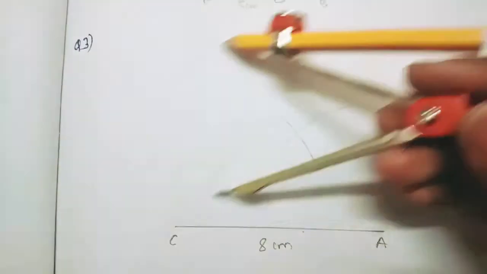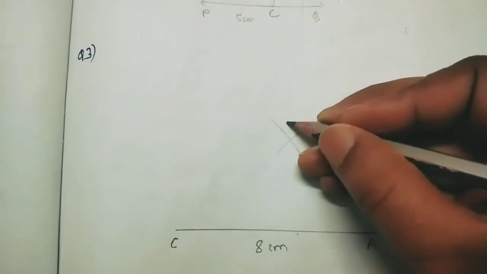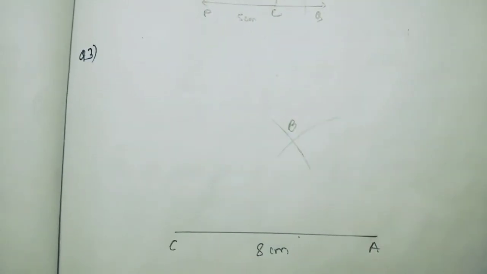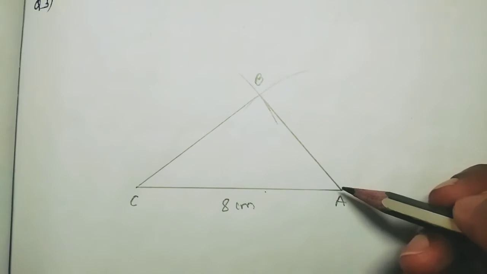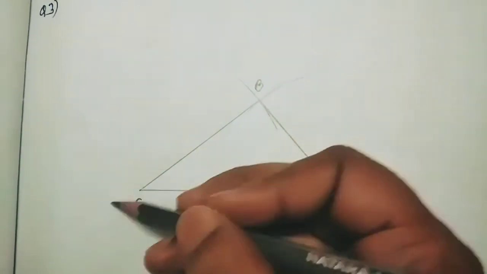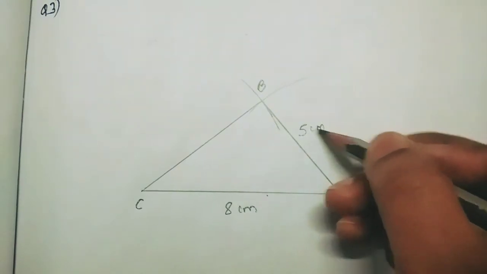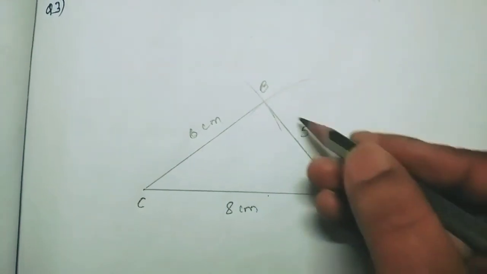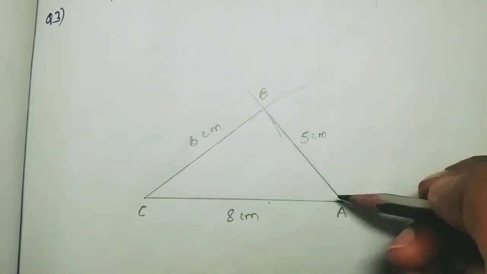Here it will be point B. So this point will be B. Now we'll join the lines AB and BC. Now we got the required triangle ABC. AB length was 5 centimeter and BC length was 6 centimeter. So in this way, when three sides are given, you can draw the triangle.